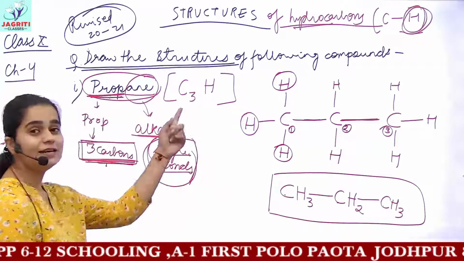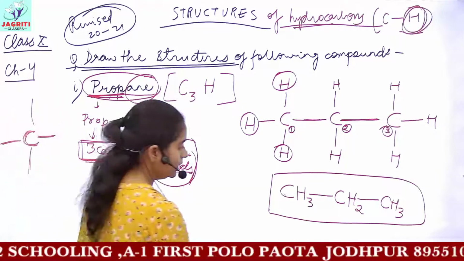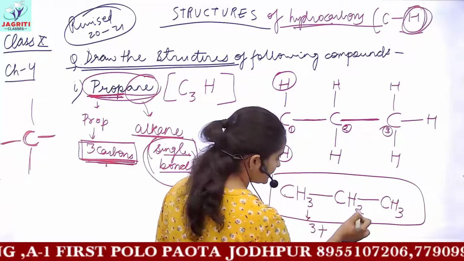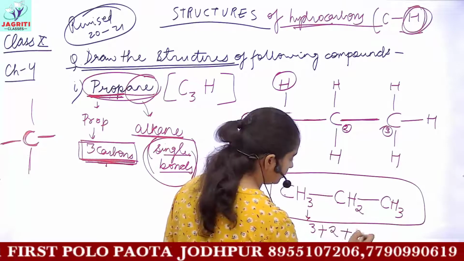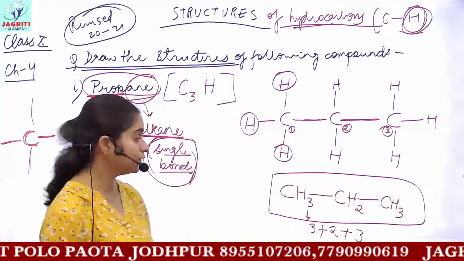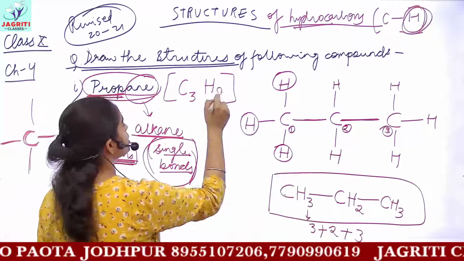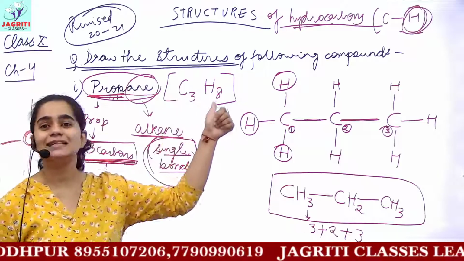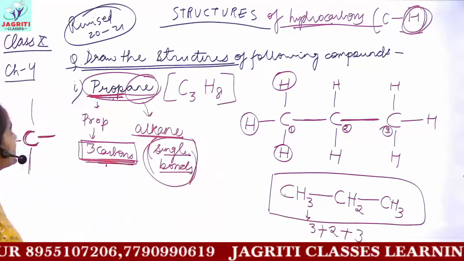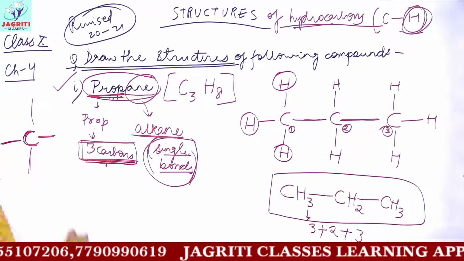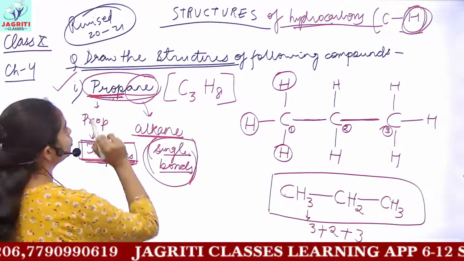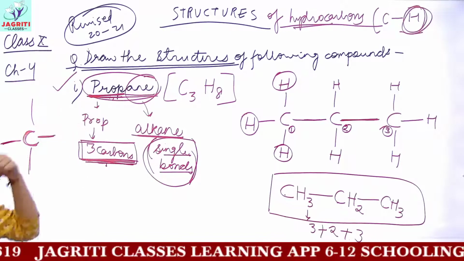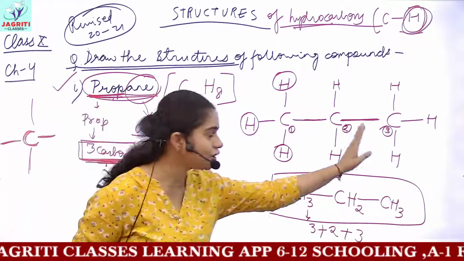And how many total hydrogens do you have? 3 hydrogens here, plus these 2 hydrogens and the remaining 3 hydrogens. So a total of 8 hydrogens you get in the structure. So the formula of propane would be C3H8. This is the most common type of question which would come: you are given propane and asked to draw the structure of propane. So this would be the structure of propane.